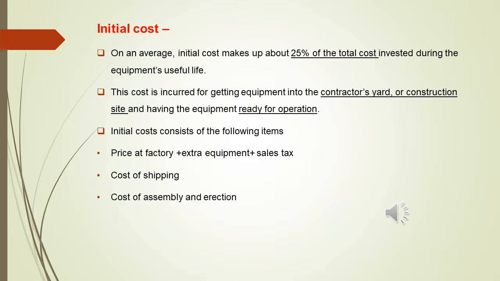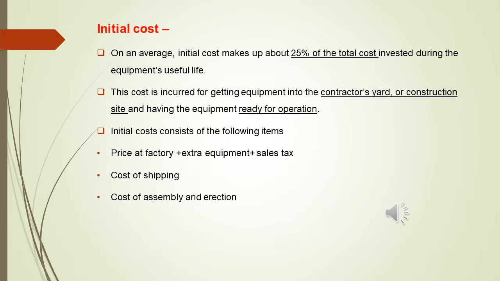Third point is initial cost consists of the following items. One thing is price at factory plus extra equipment plus sales tax. Next is cost of shipping, to ship from the place of origin to the place you actually want it, or to your factory.